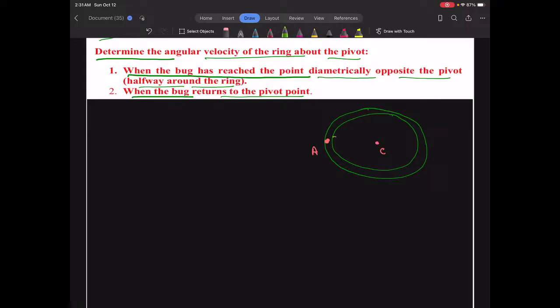So this is the position of the bug, and this is our pivot point. And it is free to rotate about this pivot point.